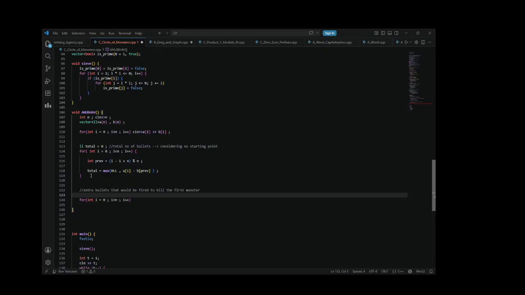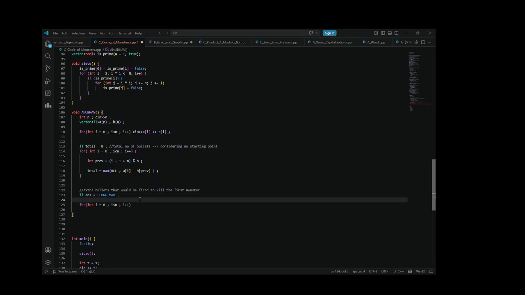The answer would be long, and we'll initialize it from long max, because we need to find the minimum number of bullets.